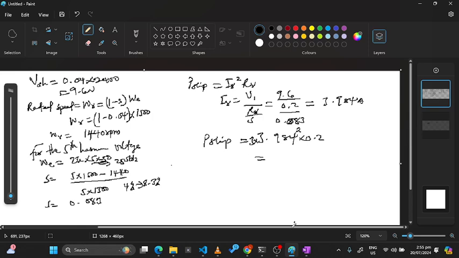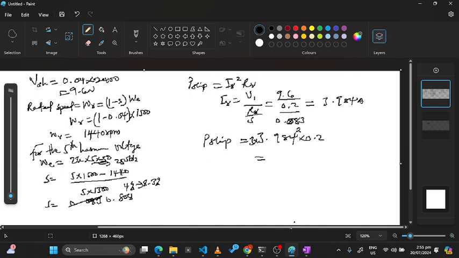What's the slip? How did we get the slip? 5 times 1500 minus 1440, all divided by 5 times 1500. Okay, so the slip should be 0.808.